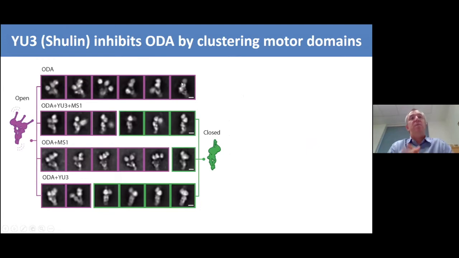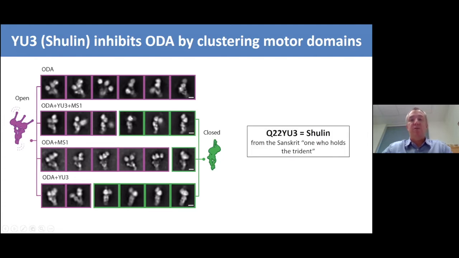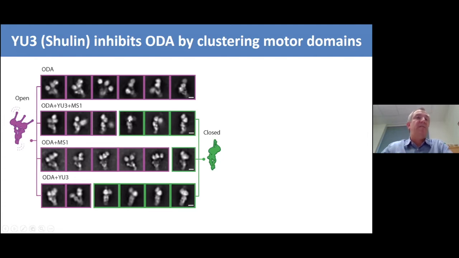This is ODA that's been purified from the axoneme. But when you start adding the factors in, you see much more frequently a closed conformation, where you only perhaps see 2 of these motor domains, and they are clustered together, as shown in this cartoon.